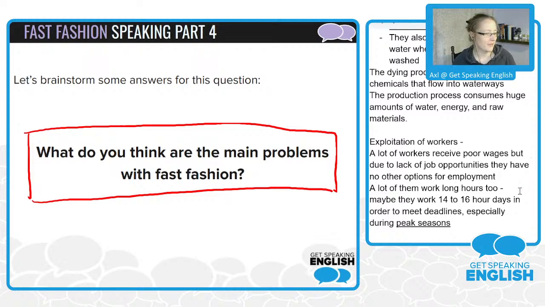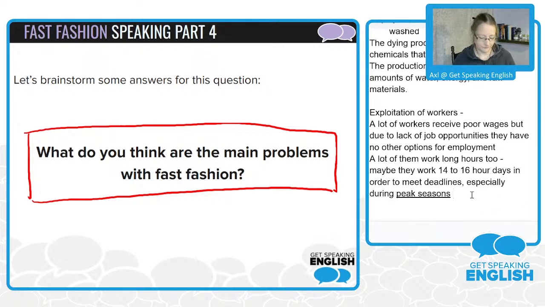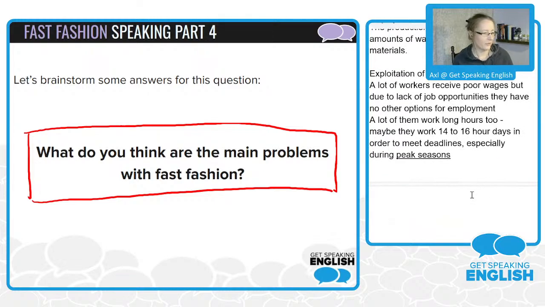And also, exploiting children, right? Unethical practices like using child labor. Yeah, so that's a huge issue.